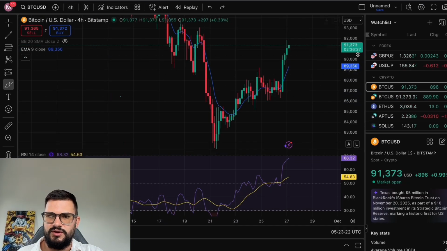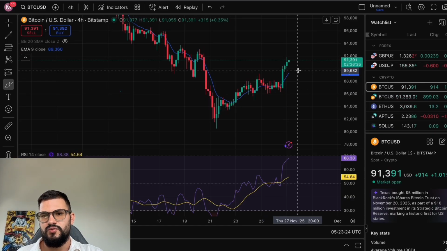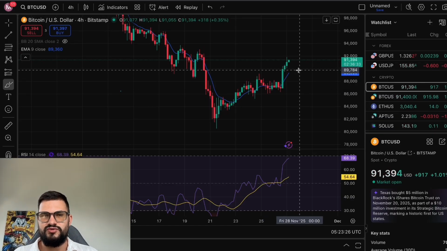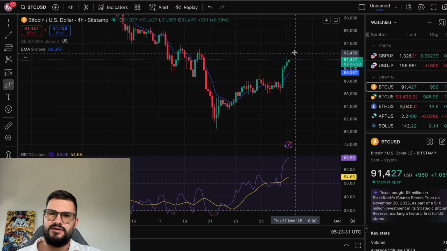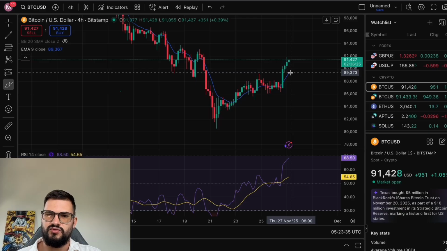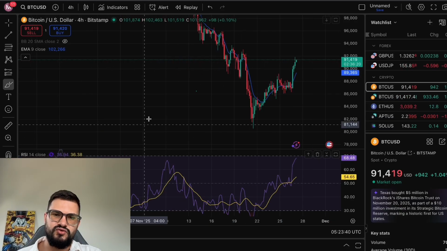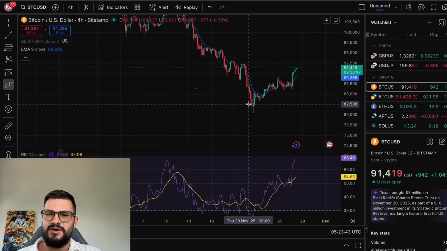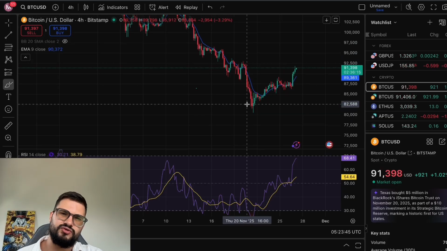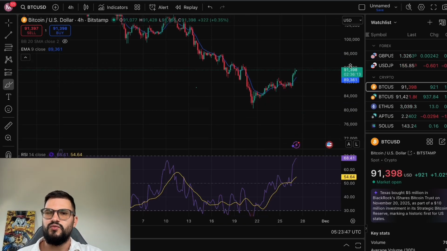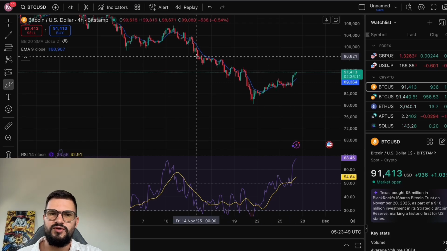Right now we are above the EMA ribbon, which showcases a bullish move that happened the past couple of days. Usually Bitcoin tends to come and retest this EMA ribbon. And usually when the price crosses the EMA ribbon down, we have a move to the downside.